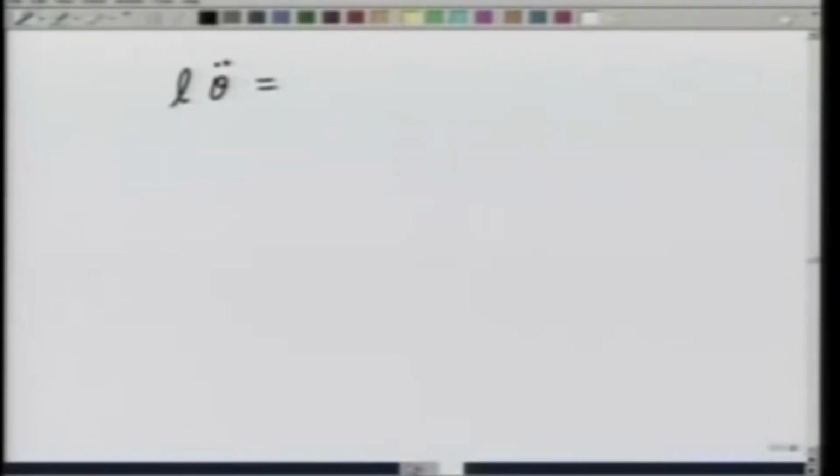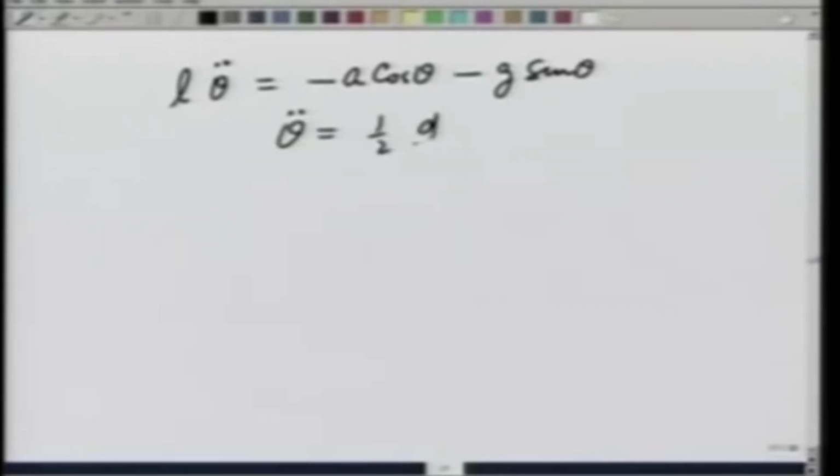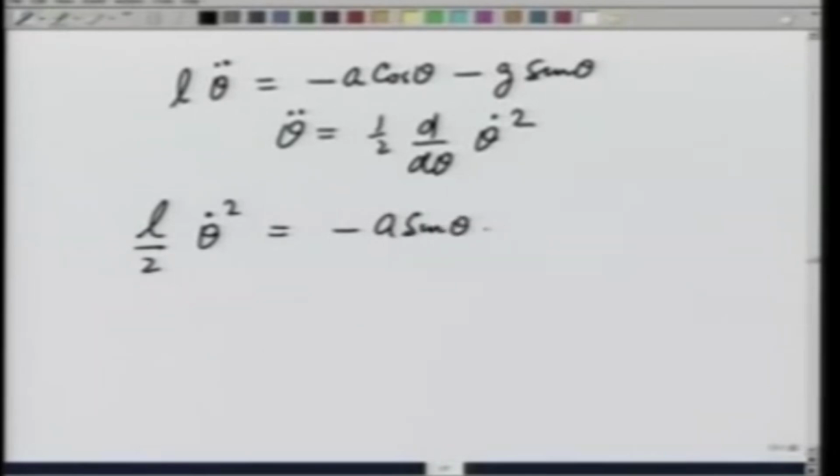Let us do that. So the equation that we have gotten is L theta double dot is equal to minus A cosine of theta minus G sine of theta. Let's put theta double dot equals 1/2 d by d theta of theta dot square and integrate it to get L by 2 theta dot square is equal to minus a sine theta plus g cosine theta plus a constant c.